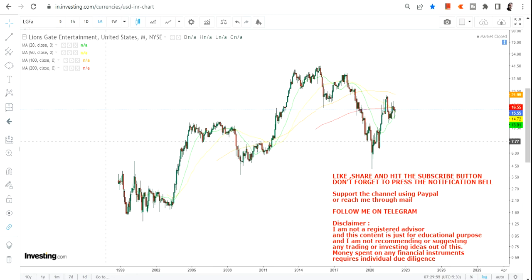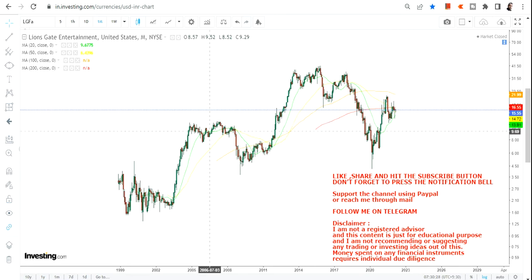Friends, in this video we're going to discuss Lionsgate Entertainment, and the important aspect of this particular chart is the stock is very stable. The stock is indeed very stable, and as you can see, this is the monthly chart, so you may not get that vibe of volatility, but from the highs of mid 2021, there is a volatility, but this is very minimal, from $21 to $11, right?